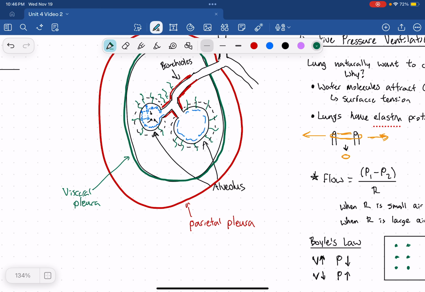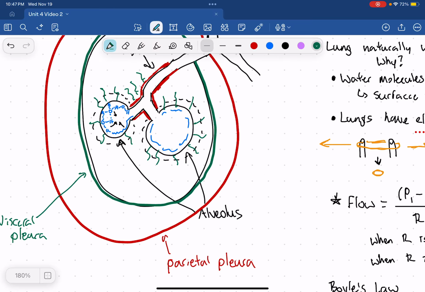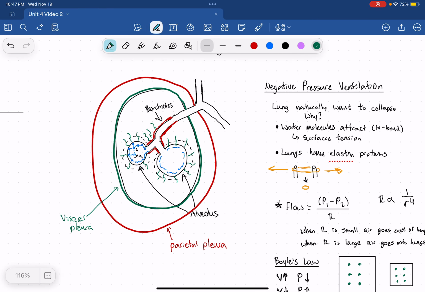As the volume or the size of the alveoli increases, the pressure of the alveoli will decrease.